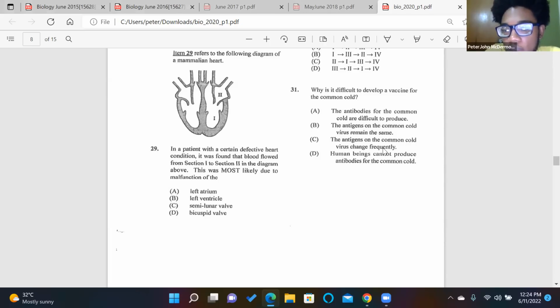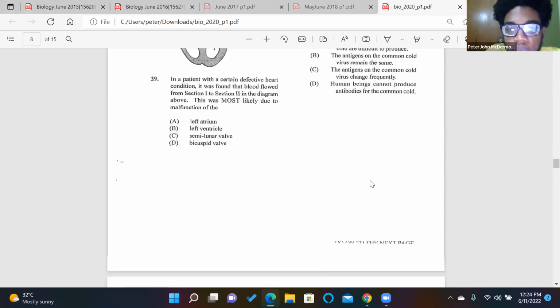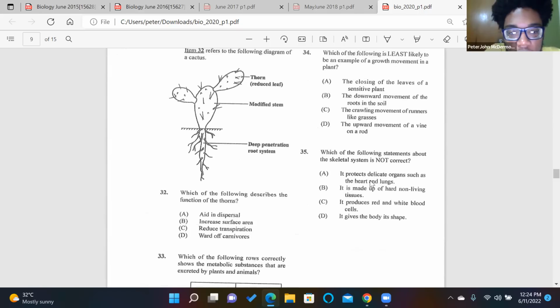So that's why it's hard to come up with vaccines for them. 32. Which of the following describes the function of the thorns? Guys, like a cactus or something. Yeah, it's a cactus. What's the function of the thorns?